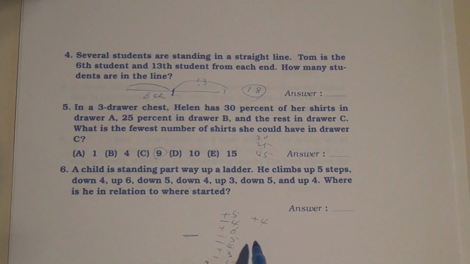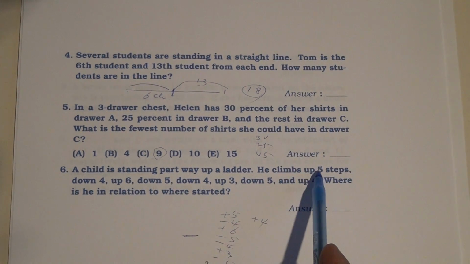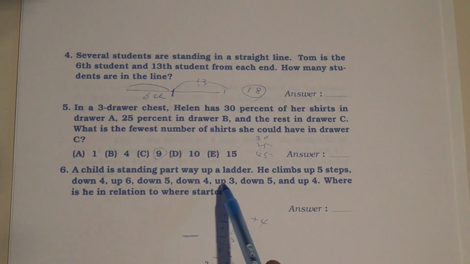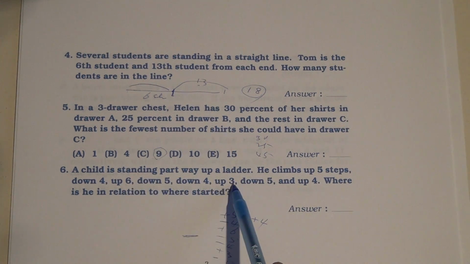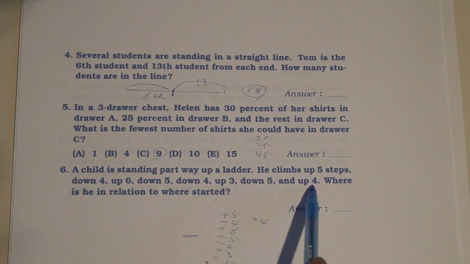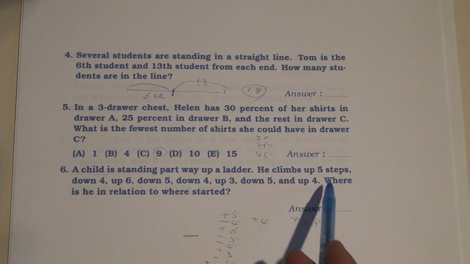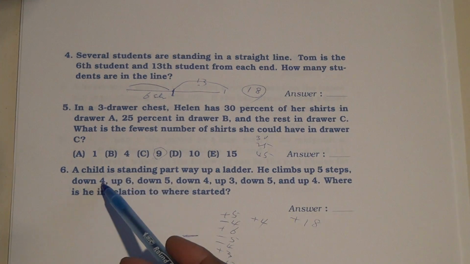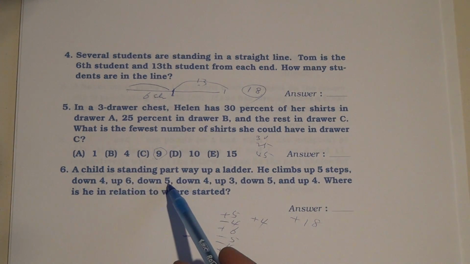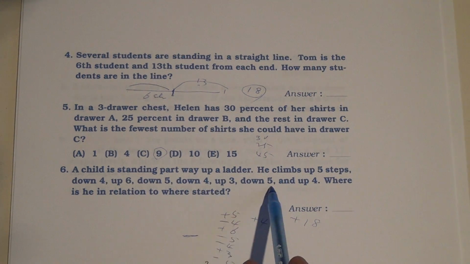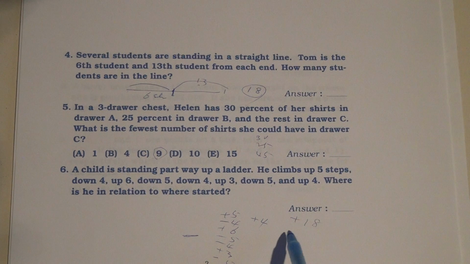So you just calculate, okay? 5, 6, 11, 11 and 3, 14, 14 and 4 is 18 up. Now, down. 4 down, 5 down, 9, and 4 again, 13, 5 again, 18.